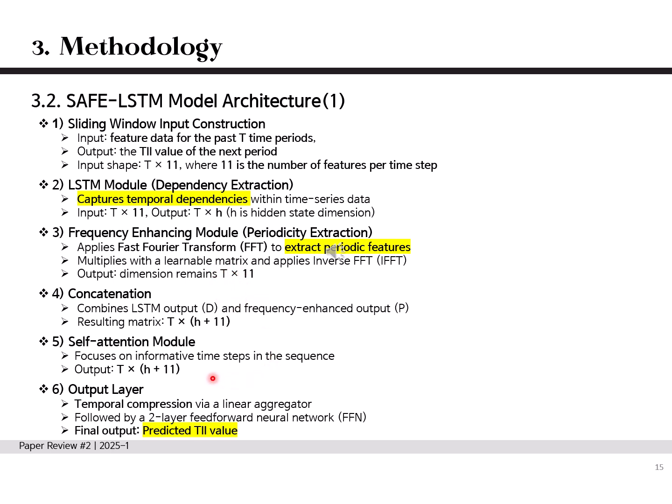The fifth stage is a self-attention module, so they focus on the informative timestamps in a sequence, so the output shape is the same as the previous step. For the output layer, they use temporal compression via a linear aggregator, followed by a two-layer feed-forward neural network, FFN, so they can predict the TII value.